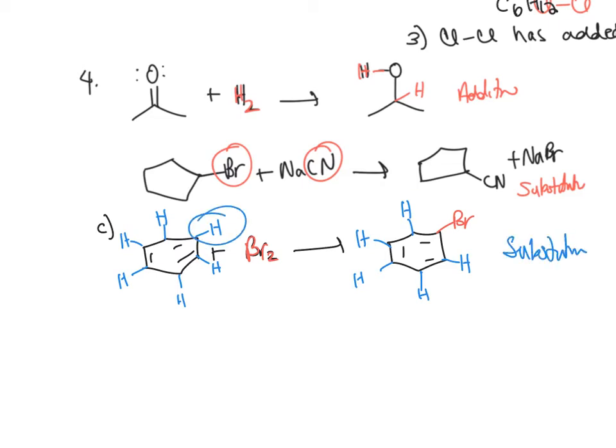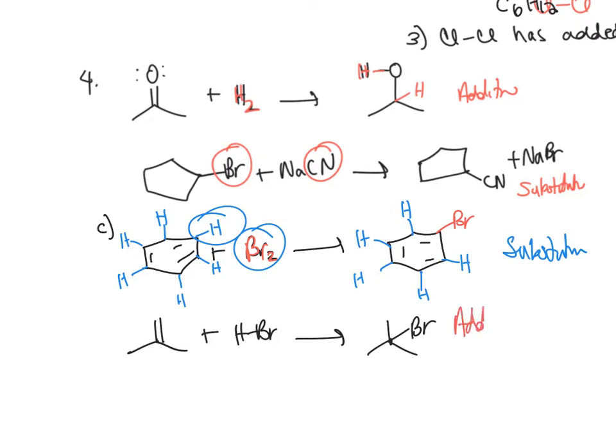You replace the H with the Br. And then D. That's an alkene, so we'll be doing these reactions in this chapter. That would be addition. You got your H there, and your Br here.